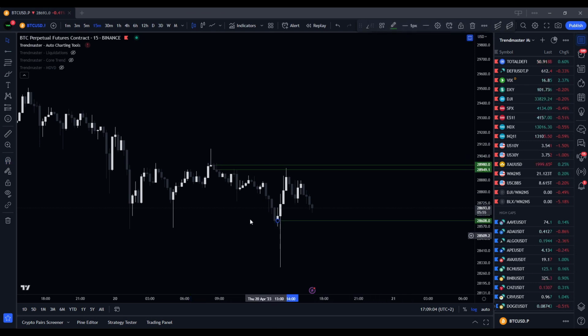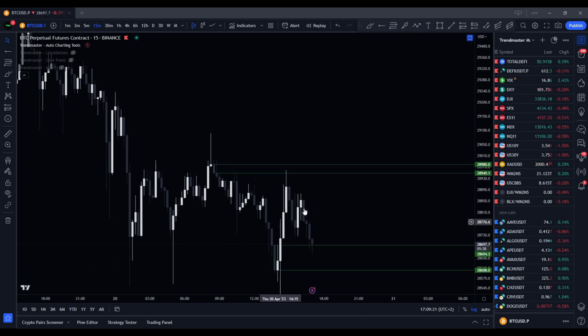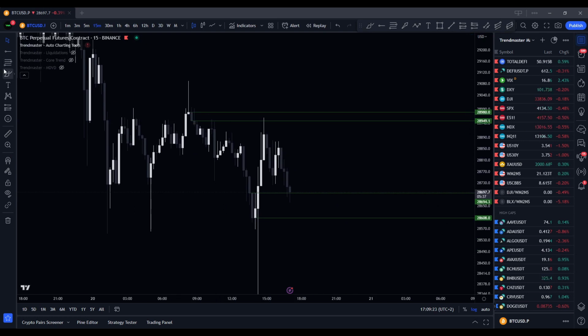So this is the roundabout summary of what we've been doing: when you have a breakdown of structure, you have a new high created and price moves away. You're always looking to short the low of it, because that's the best point of failure.